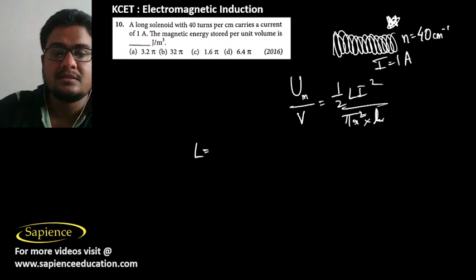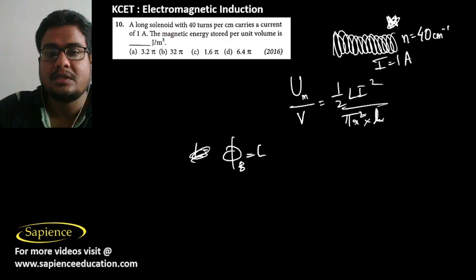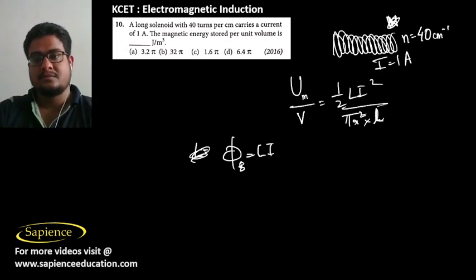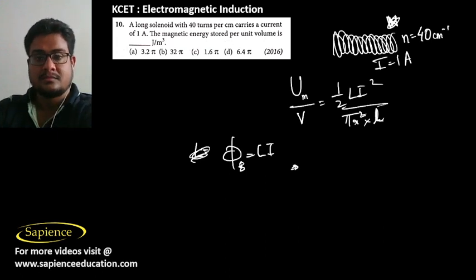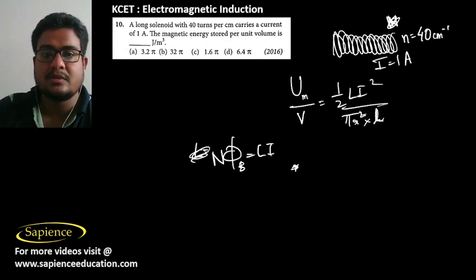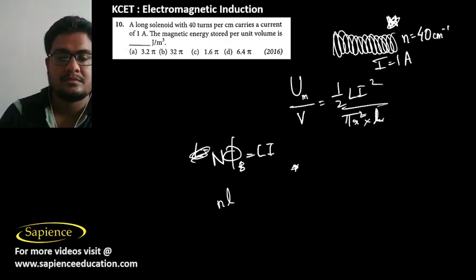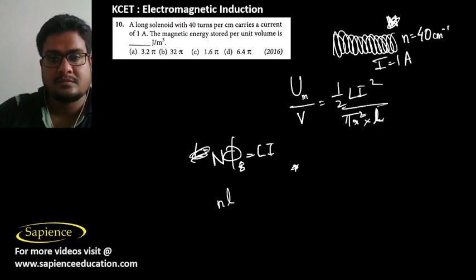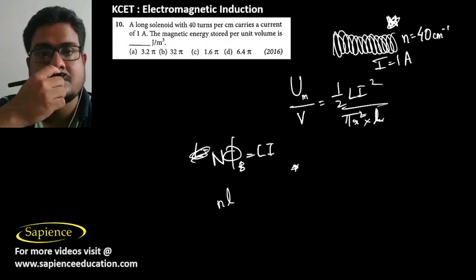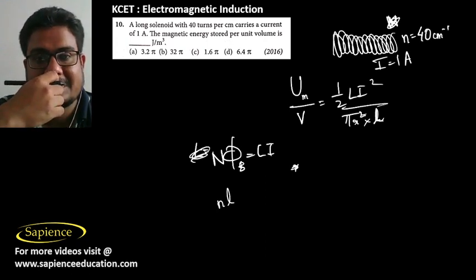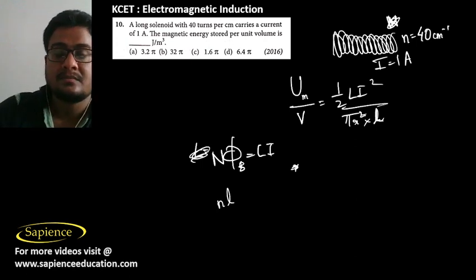Now how do we find L? We know that phi B is equal to L I. Sorry, N into phi B is equal to L I. Phi is equal to magnetic field into area.